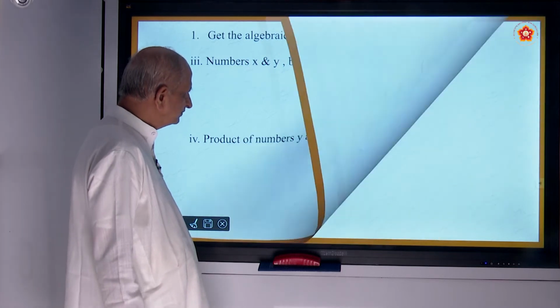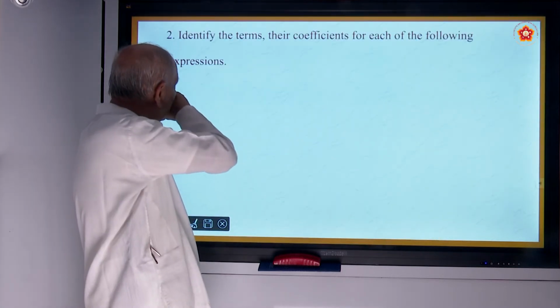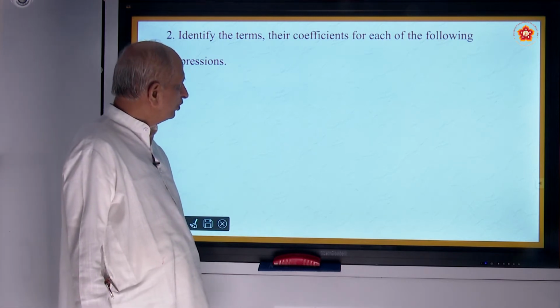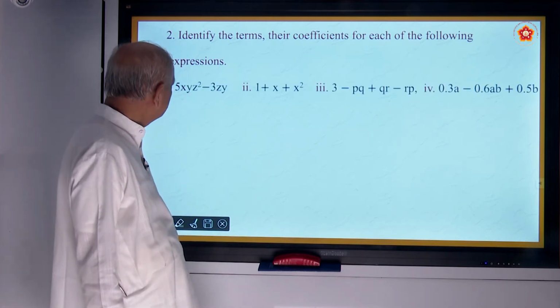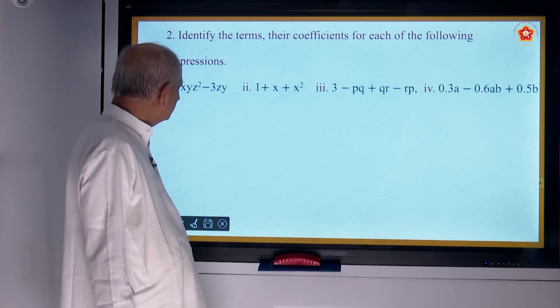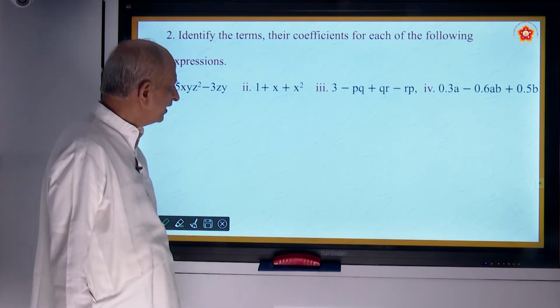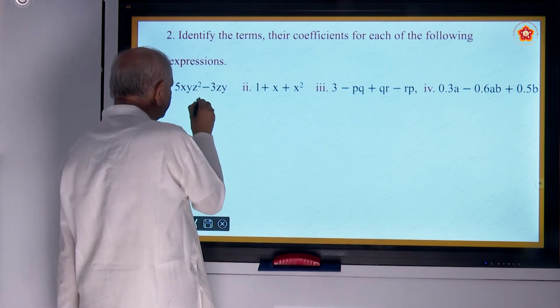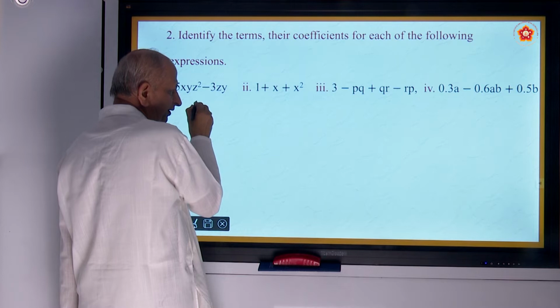Any other question? Yes, one more. Identify the terms and their coefficient for each of the following. So you have to write a term and coefficient. We make it two columns. First column is term.